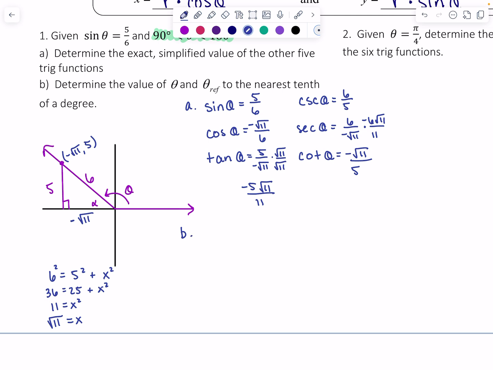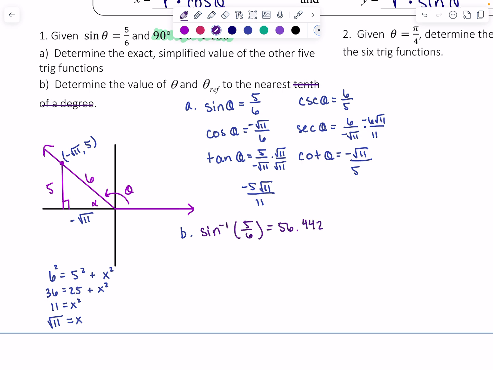All right, so part B here. Part B, we're determining the values of theta and our reference angle, right? To the nearest, and I'm not going to say 10th, we're always going to be working to 3 decimal places. So we can go ahead and use our calculators, and we have the inverse of sine of 5 over 6. And if you grab your calculators, you're going to get that that is 56.442. All right.